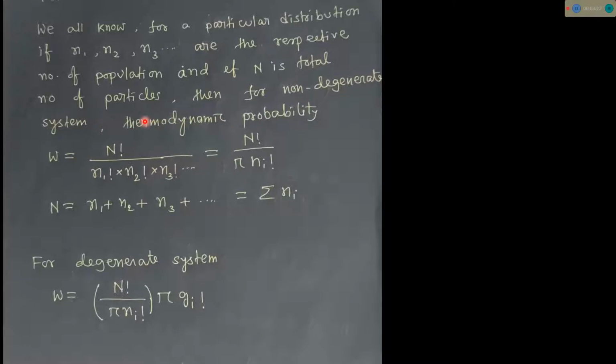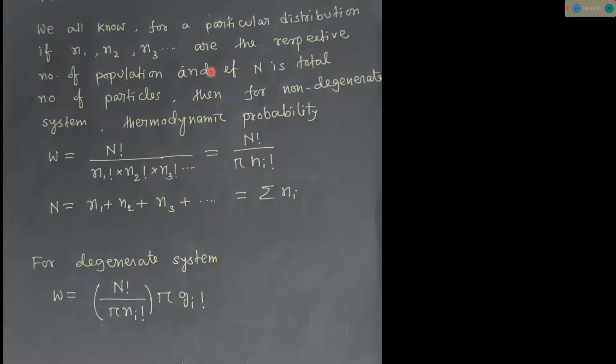Usually the most probable distribution is what we call thermodynamic probability. So thermodynamic probability is W equal to N factorial, where N is the total number of particles.